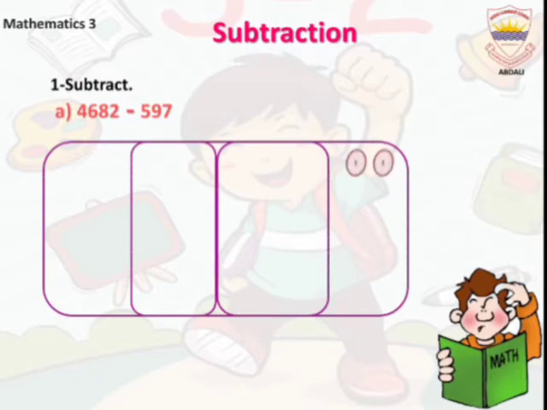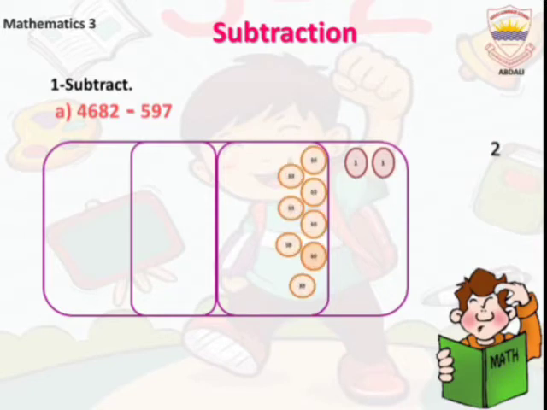First of all, we draw number disks of our greater number 4682. 2 is at ones place, we draw 2 number disks of ones. Now we draw tens number disks. 8 is at tens place, so we draw 8 number disks of tens.